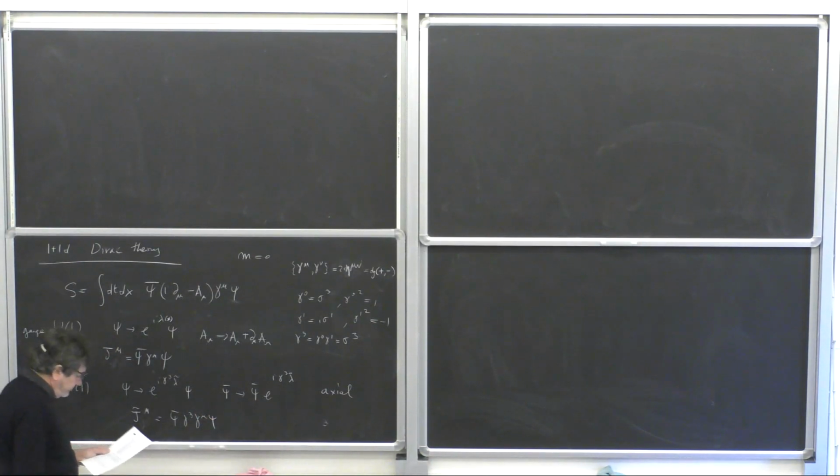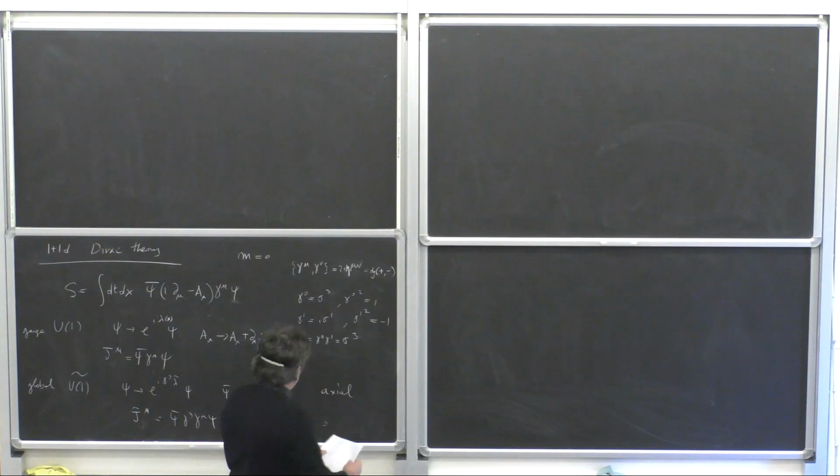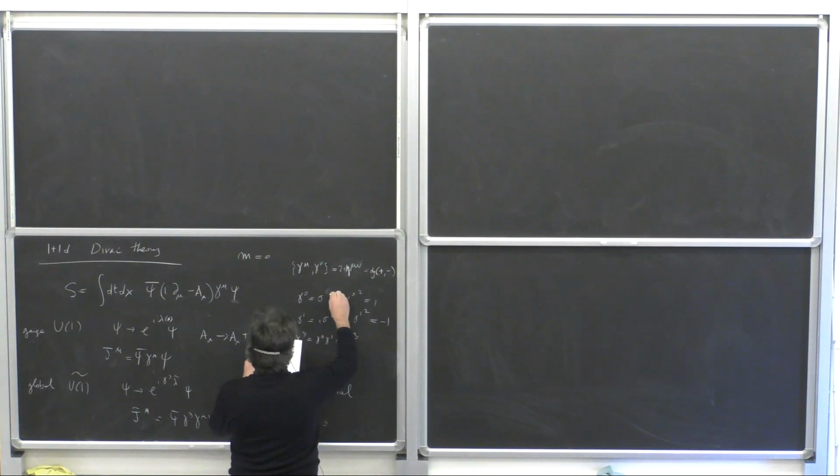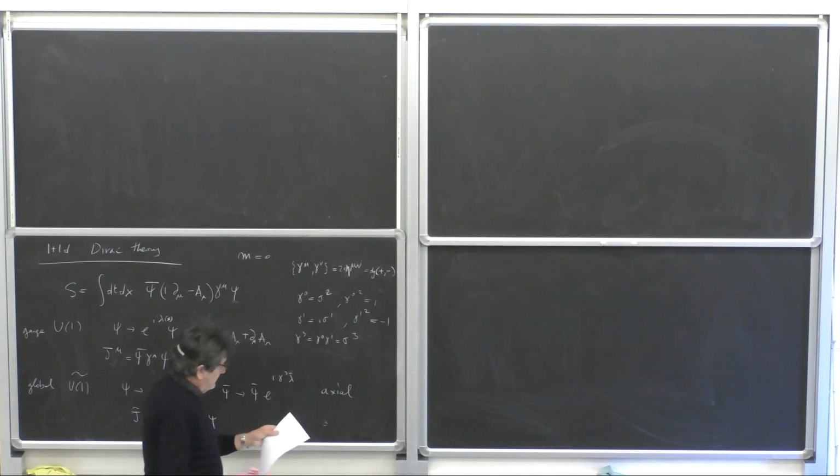Oh, I made a mistake. Gamma 0 is sigma 2, not sigma 3. Sorry, I made a mistake.